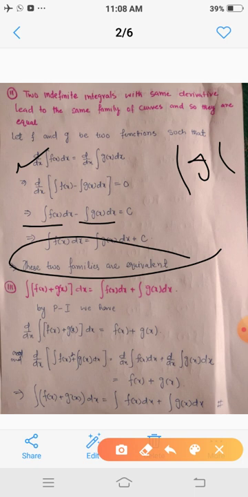Now the third property is algebra. Prove that the integral of a sum equals the sum of integrals, or the integral of a difference equals the difference of two integrals. Now by property first, we know that d by dx of the integral of f(x) + g(x) dx equals f(x) + g(x). It is by property first.